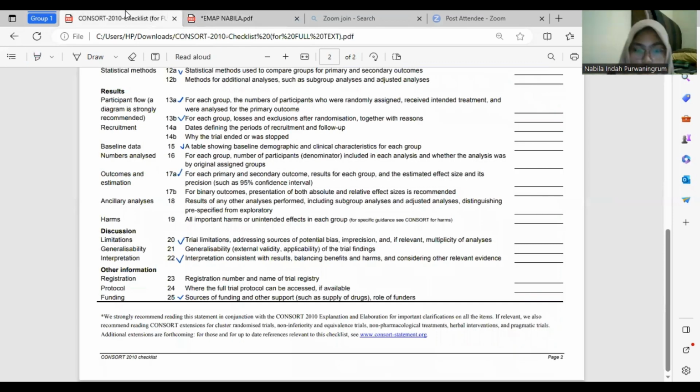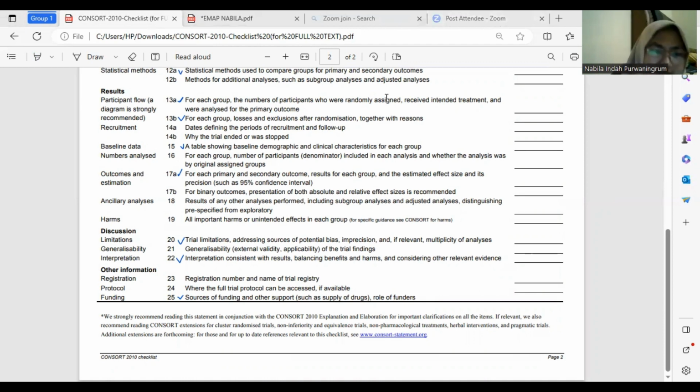Okay, next we are going to continue, and the other section is other information. We are going to identify the registration, protocol and funding. The first is registration. Registration means the registration number and the name of the trial registrar.